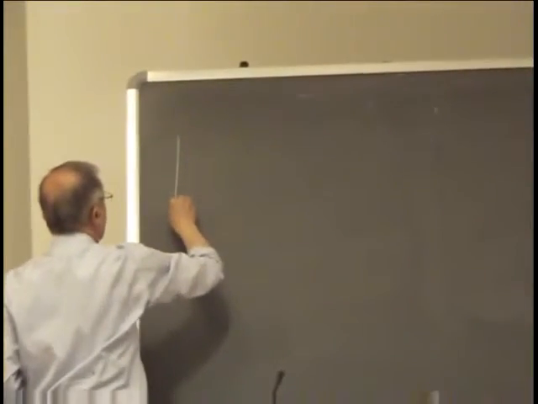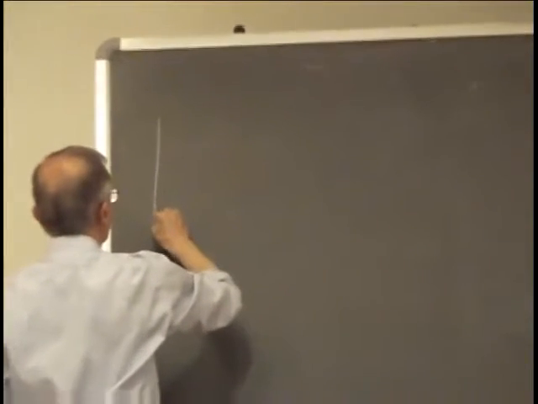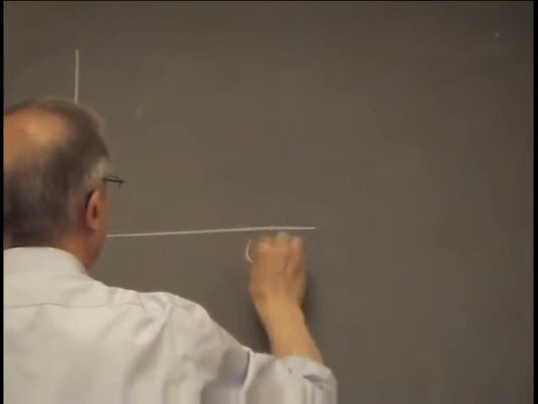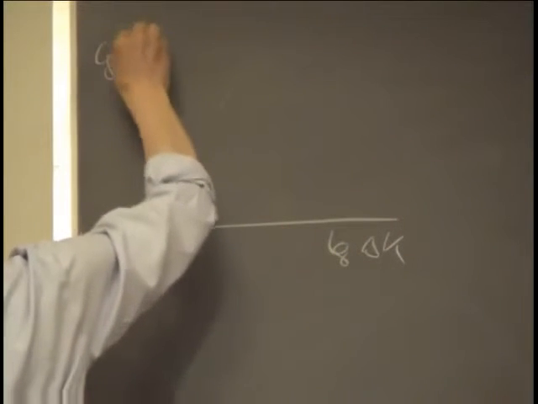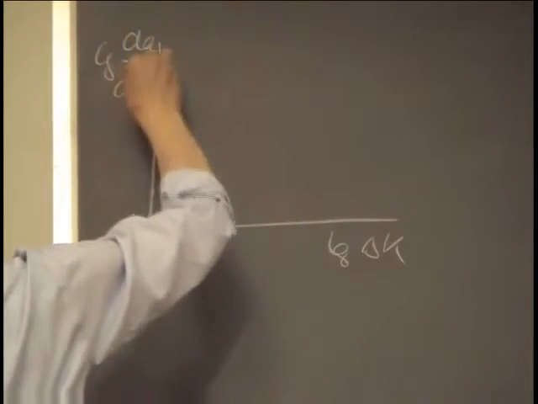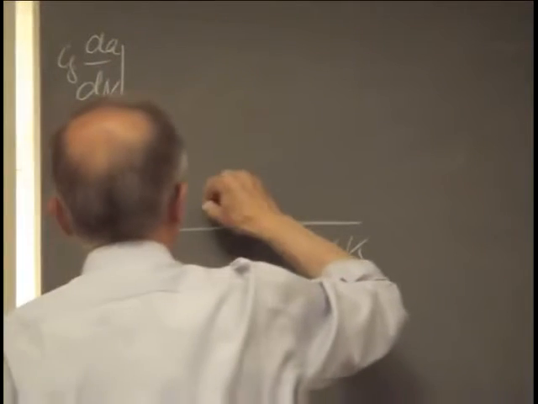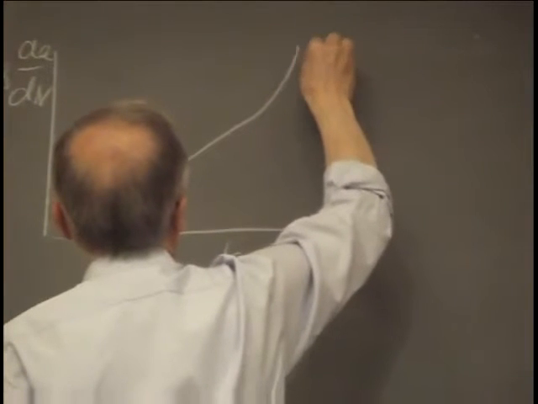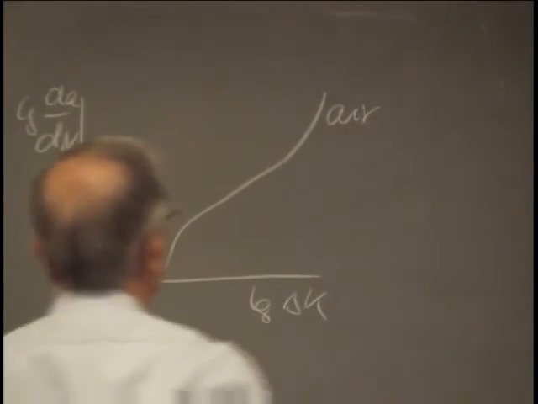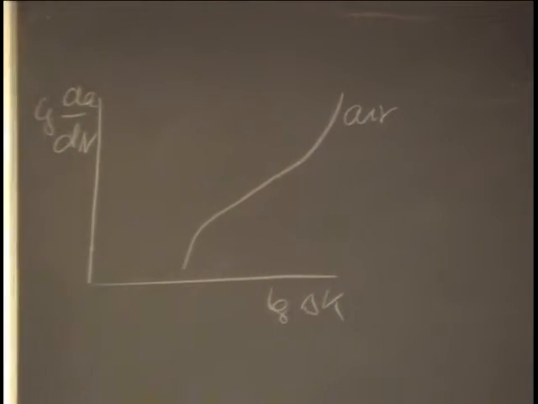Now, quite schematically, an example here: logarithm of delta K and logarithm of da/dN. So this may be the air curve, the curve under laboratory air conditions.